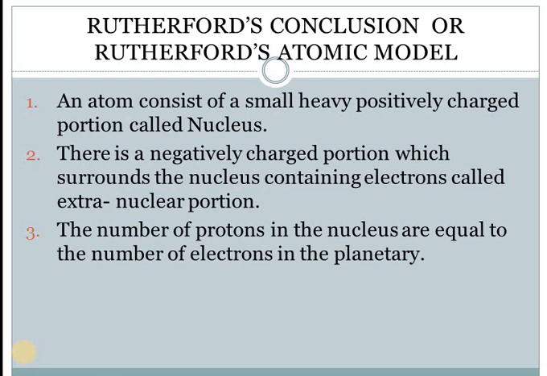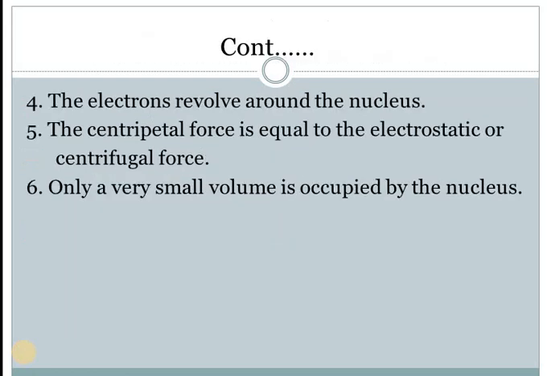Similarly, the nucleus, or proton, is present in the middle and electrons revolve around it. Fourth, electrons revolve around the nucleus. And fifth, the centripetal force is equal to the electrostatic or centrifugal force. This centripetal and centrifugal force we will study in the next topic, Bohr's atomic model. Here you can just learn these points.